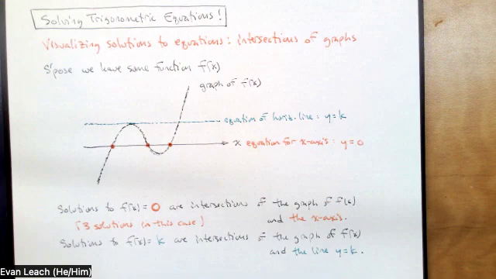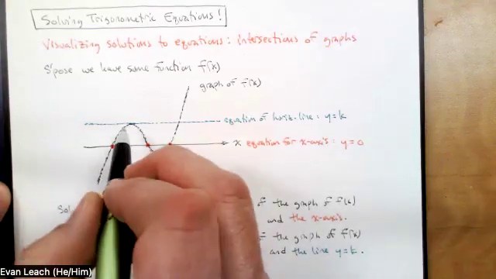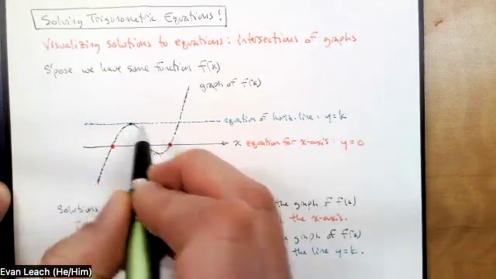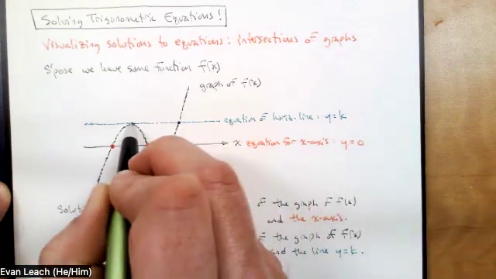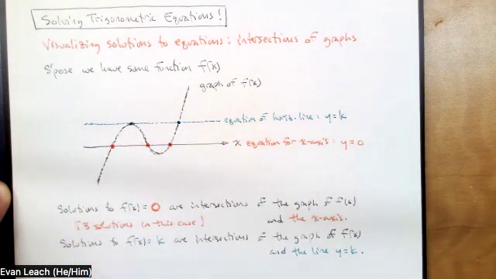So in this case, we can see that there will be two solutions. It looks like this graph hits this peak right here, and then it crosses again over here. So we have two solutions in this case.